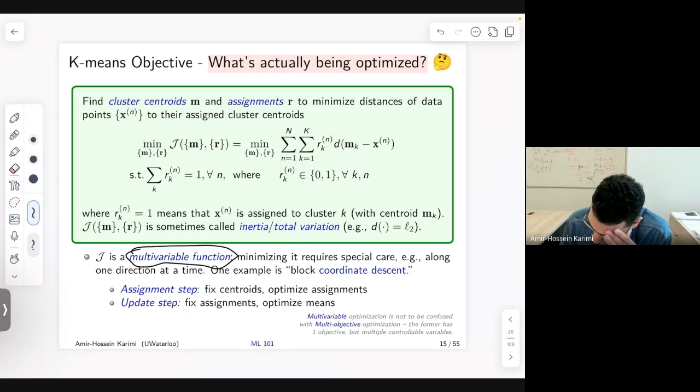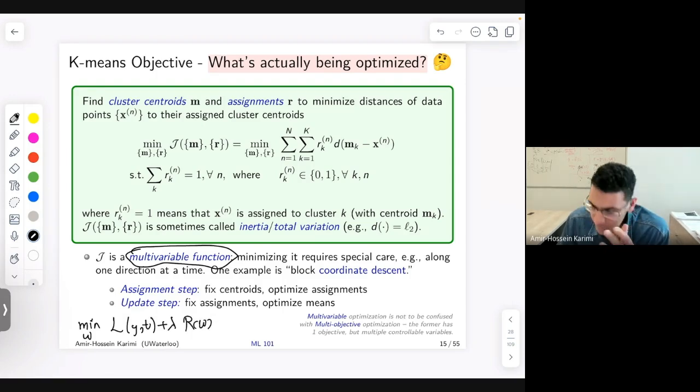Remember earlier we had minimize over some parameters w of a loss of y and t plus lambda of r of w, something like that. For instance, for linear regression, where we wanted to have regularized weights, this was a multi-objective optimization function, or in this case, it was a constrained optimization written in Lagrangian form as a multi-objective optimization.